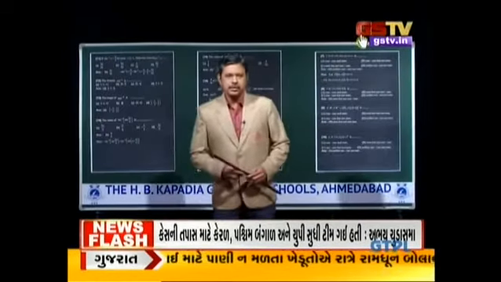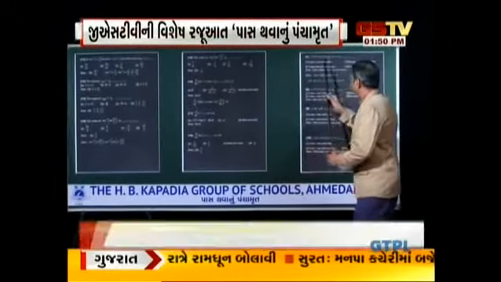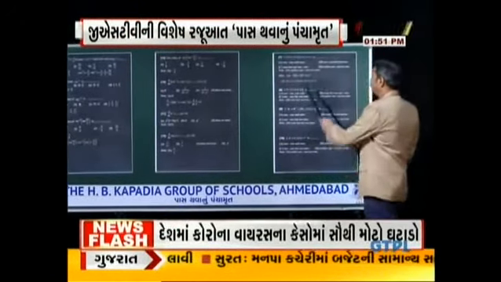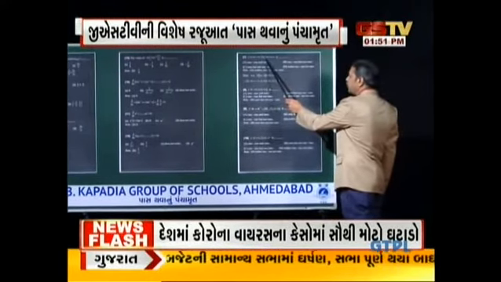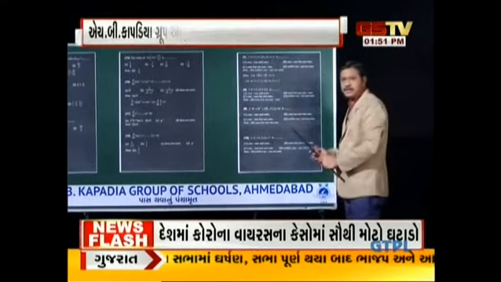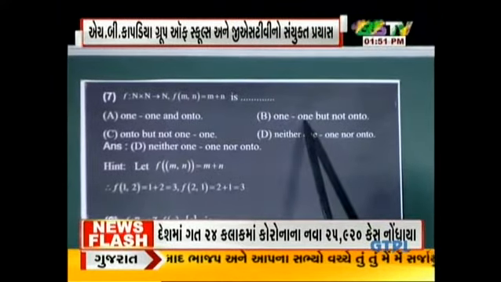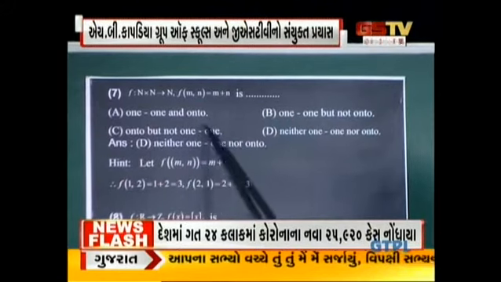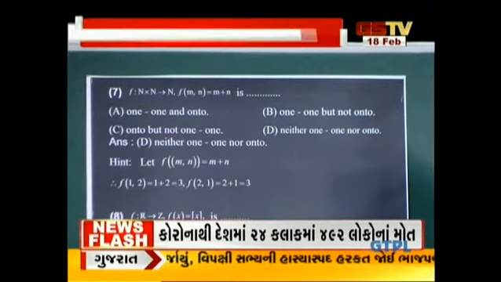Welcome back, students. Next MCQ question from chapter 1. If function f from N cross N to N, f of m comma n is m plus n, is 1 1 onto, 1 1 but not onto, onto but not 1 1, and fourth option neither 1 1 nor onto.